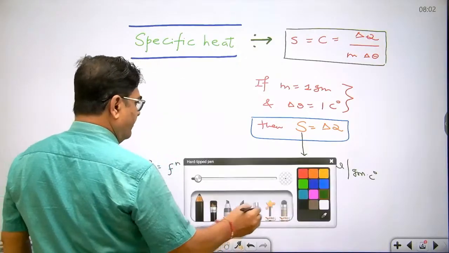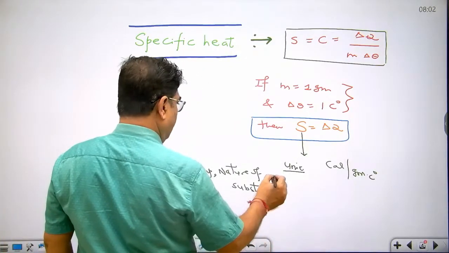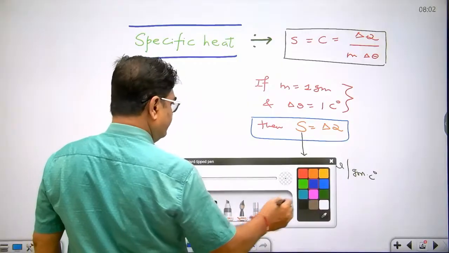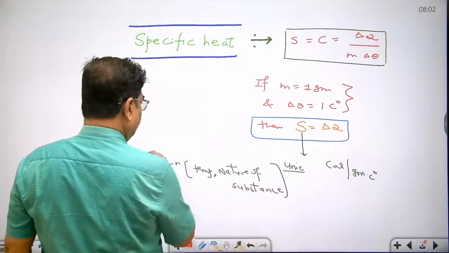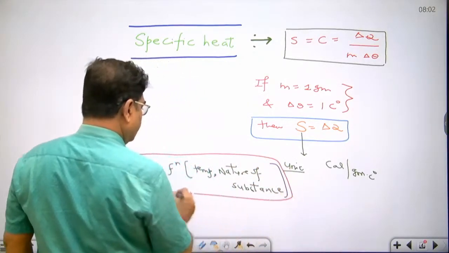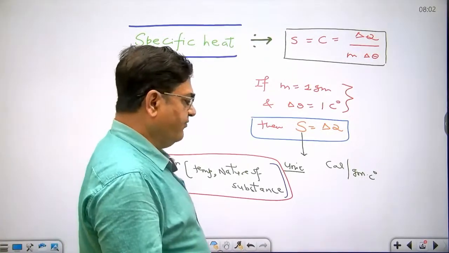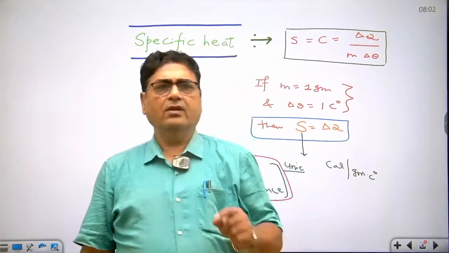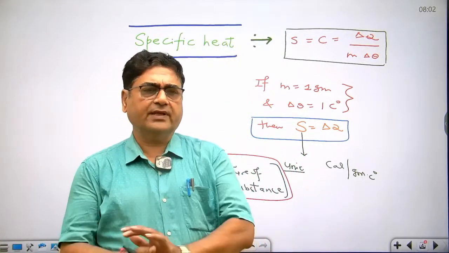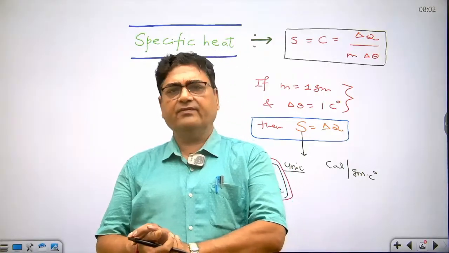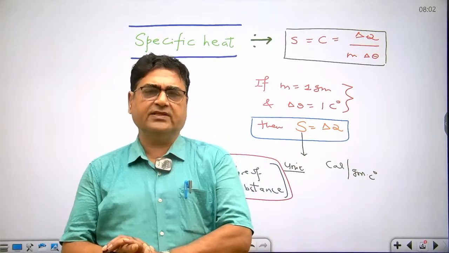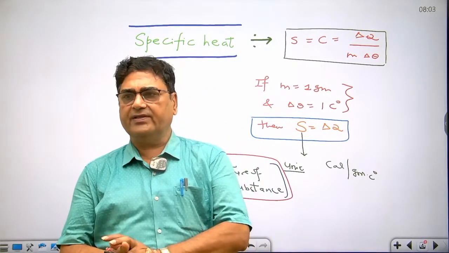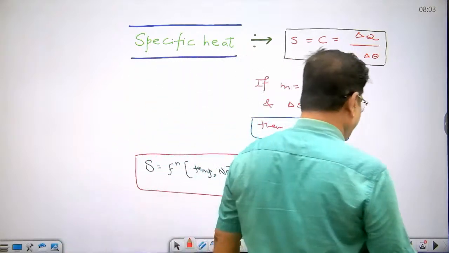Dear student, for a given substance, there can be infinite values of specific heat, because it depends on temperature. At different temperature, specific heat will be different. Like for water, specific heat is 1 calorie upon gram degree centigrade when we take 1 gram water and change the temperature from 14.5 degree centigrade to 15.5 degree centigrade.